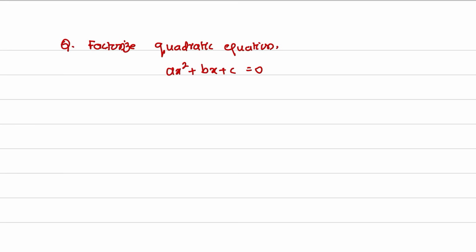What is the question given? Factorize the given quadratic equation, ax square plus bx plus c is equal to 0. It is a quadratic equation. Don't worry about the coefficients a, b and c.